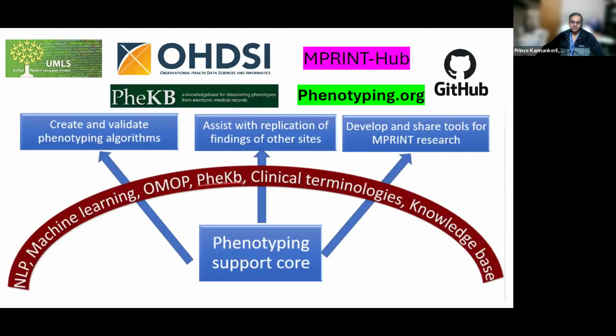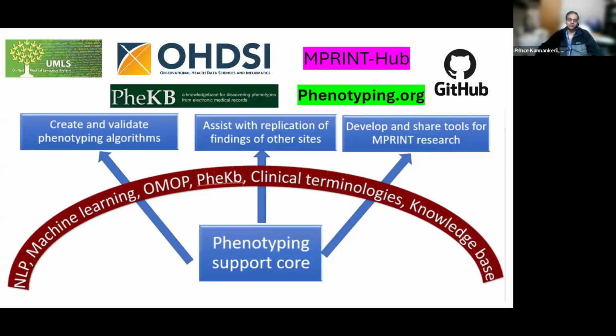The phenotyping support core really supports everything we do, both the projects and all of our trainees. They have 3 primary aims. One is to create and validate phenotyping algorithms. Second aim is to assist with replication of findings from other sites. And third is to develop and share tools for MPRINT research.